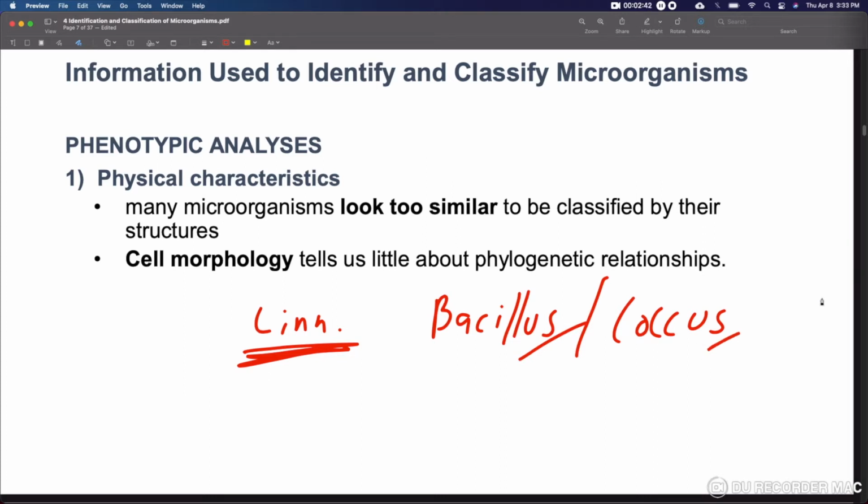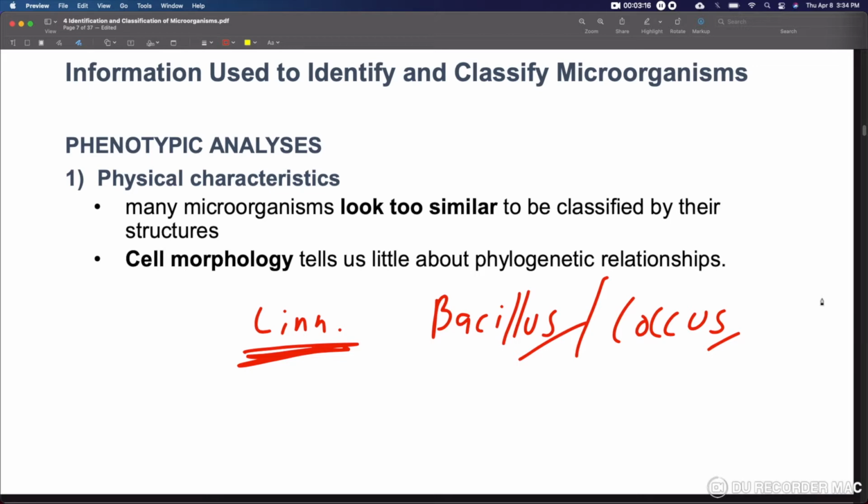And that's problematic, because that would lead to a problematic group and a paraphyletic clustering. A very non-functional clustering, actually, because phylogenetically speaking and evolutionarily speaking, those Bacillus and those Coccus organisms may or may not be related to each other, actually. They may just look the same, but they're not related to each other.